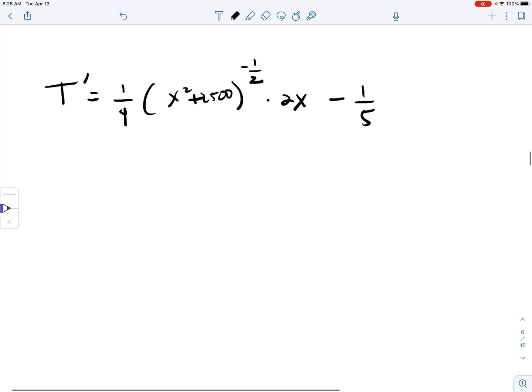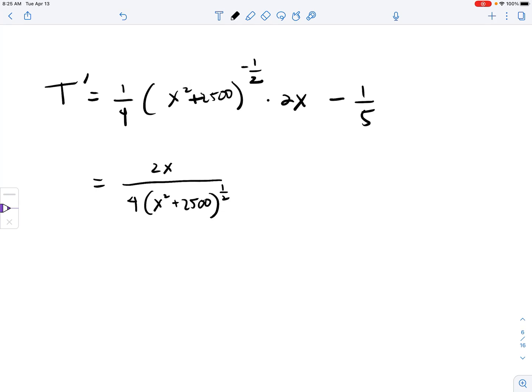And we, of course, need to use our algebra skills to simplify. So I'm going to first rewrite that product without the negative exponent. So 2x would be left in the numerator, 4 is in the denominator, and then the x squared plus 2500 to the 1/2.